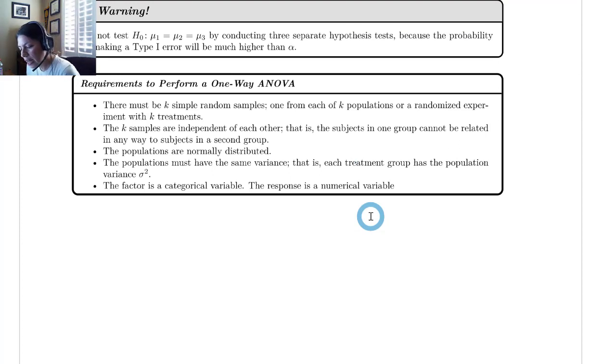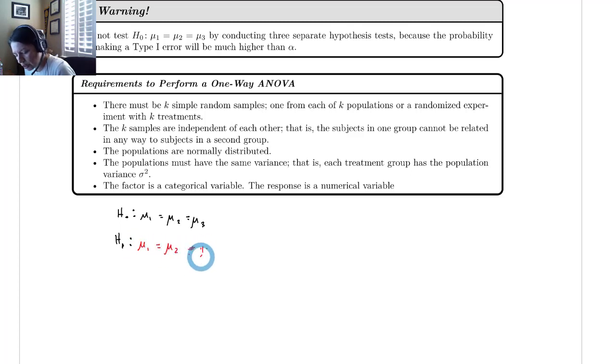One thing is a warning, because this could get really involved. Some students say, well, if one of them is different, we could end up conducting a lot of different tests. For example, if we assume that they're all the same on the null, then the alternative could be a variation: mu sub 1 could be equal to mu sub 2, but not mu sub 3. Or mu sub 1 could not be equal to mu sub 2, but these two are equal.